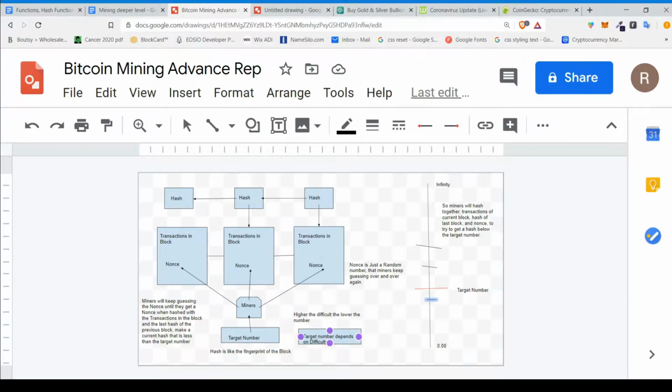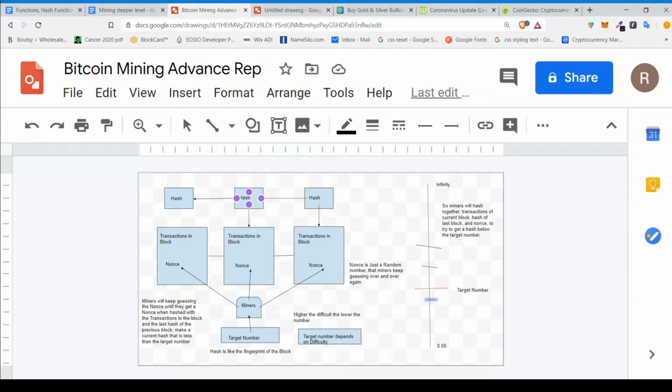And like I said before, the target number depends on the difficulty. The higher the difficulty, the lower the target number. So miners will just keep guessing the nonce over and over again until, when hashed with the transactions of the block and the hash of the last block, it makes a current hash that is less than the target number.